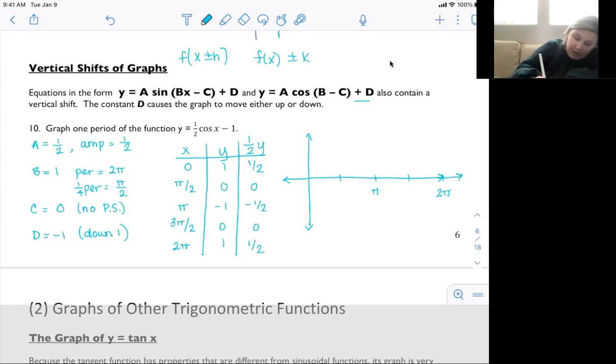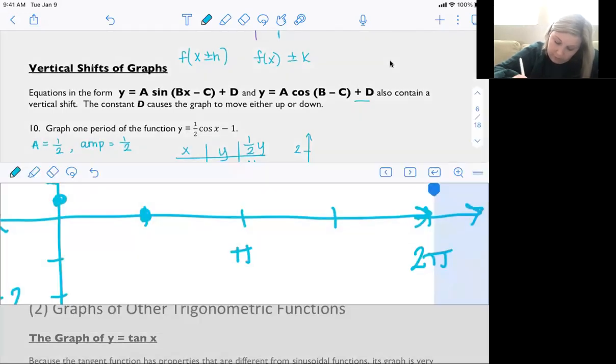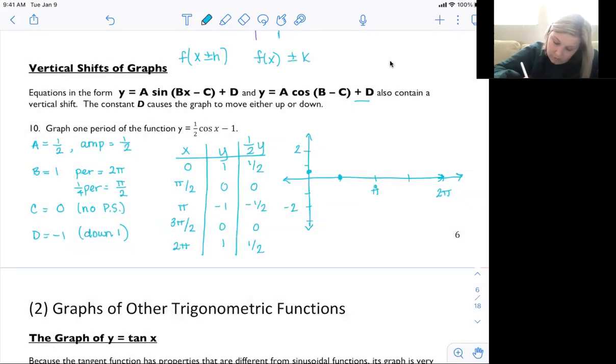Okay. And let's see, we need probably a couple of marks here. Let's call this 2 and -2. So I'm not going to connect the dots here because this is not our final graph. So we have 0, 1/2. This is cosine. Pi halves, 0, pi, -1/2, 0, and then 1/2.